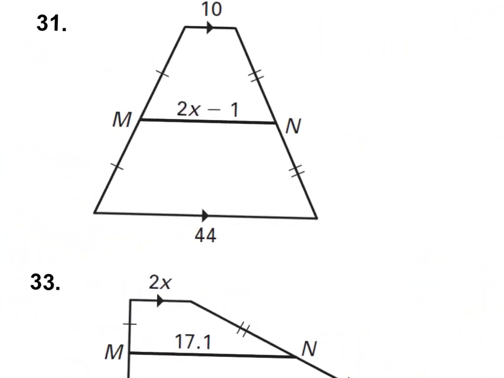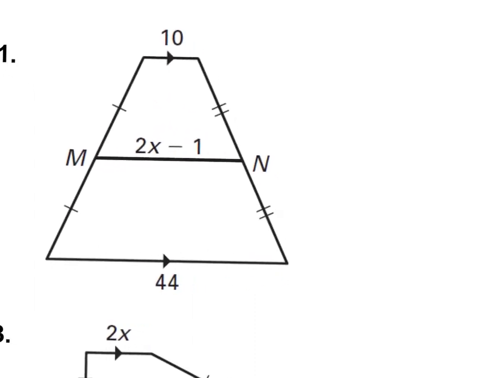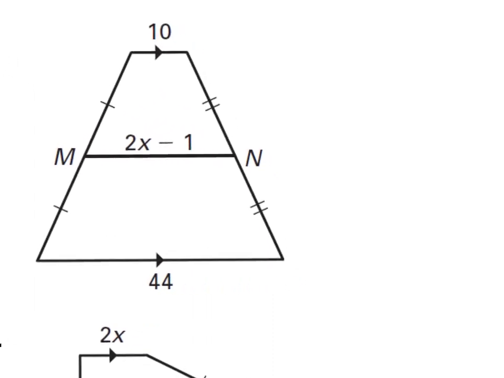Okay, here's another one. Same kind of thing. We have a mid-segment, so we can add together the bases, 10 plus 44, and divide them by 2, and that will equal the mid-segment, 2x minus 1. I know a lot of people like to times both sides by 2 right away, and you can do that, but in this case it might actually be easier to just simplify.